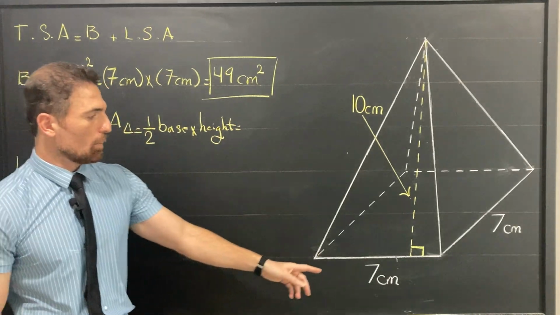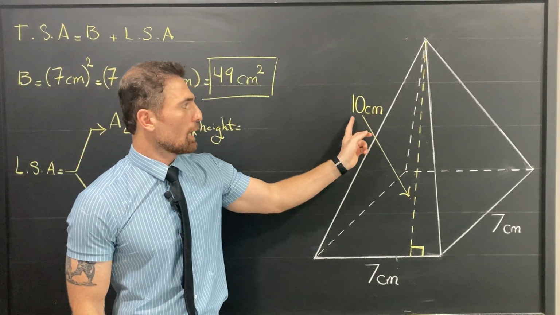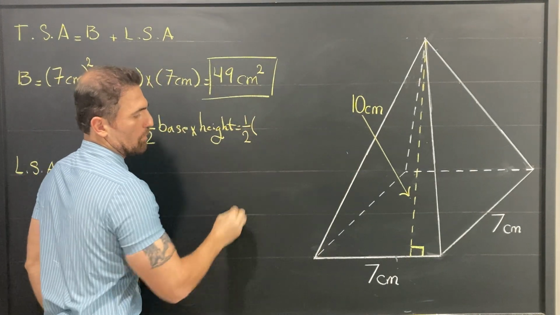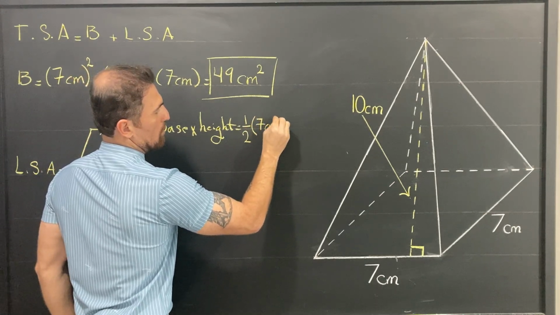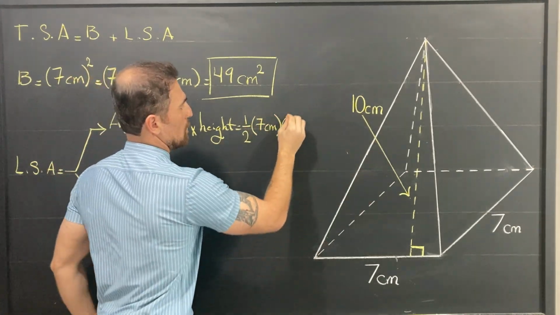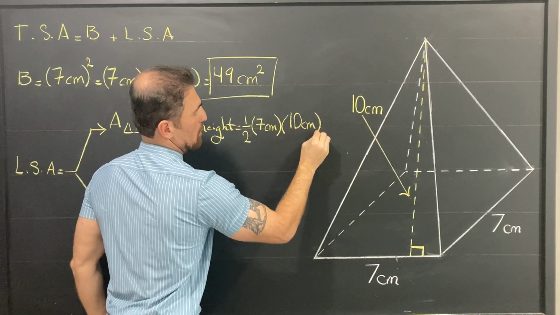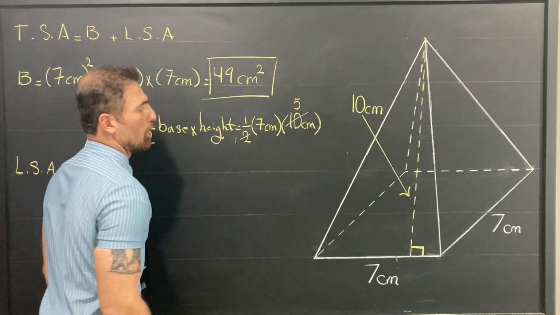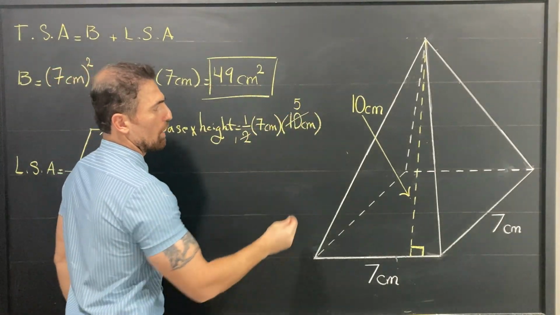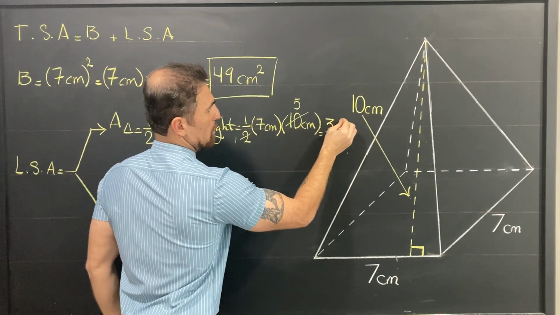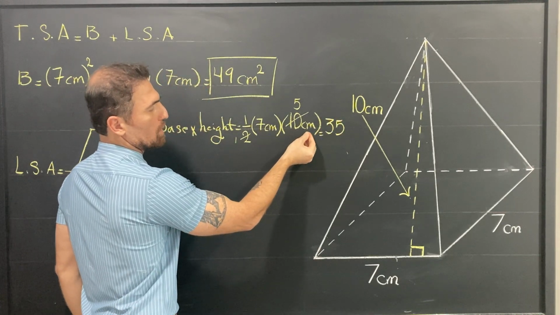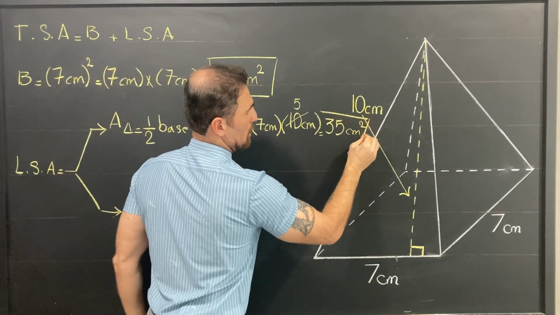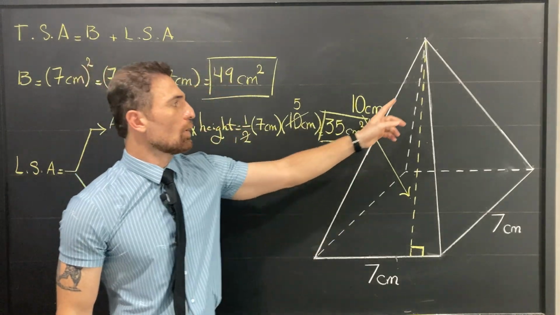In this example, the base has a length of 7 and the height has a length of 10. 2 divided by 2, 1. 10 divided by 2, 5. 7 times 5, 35 centimeters times centimeters, square centimeters. This is the area of one triangle.